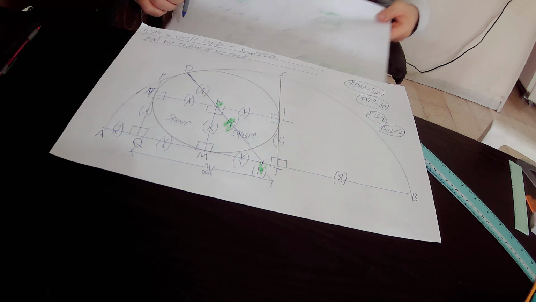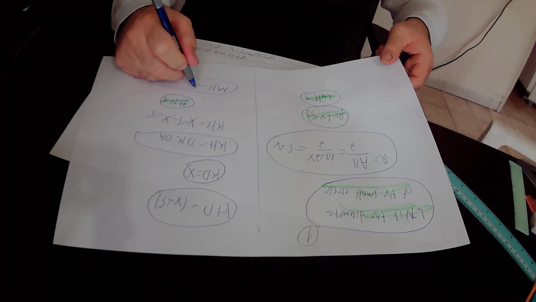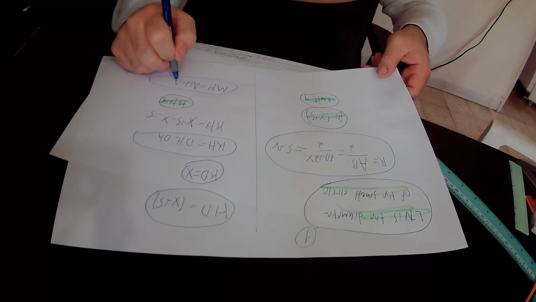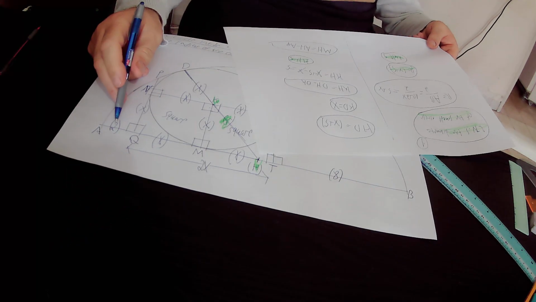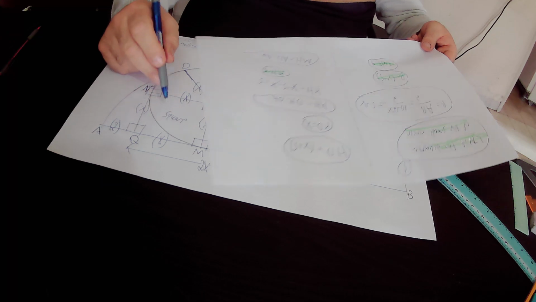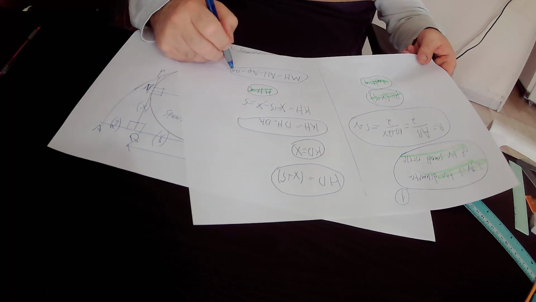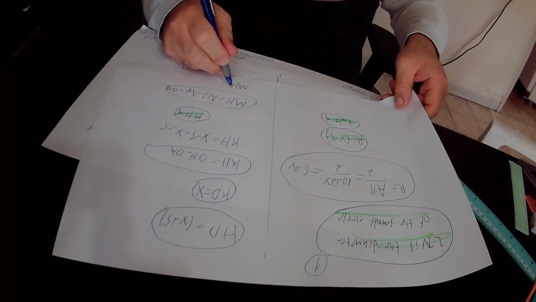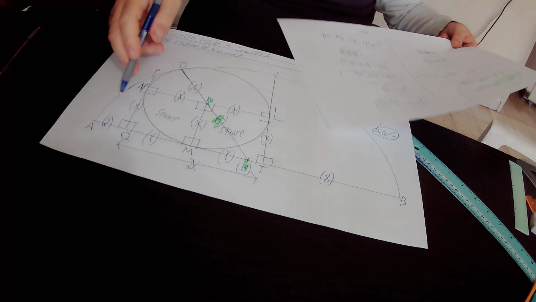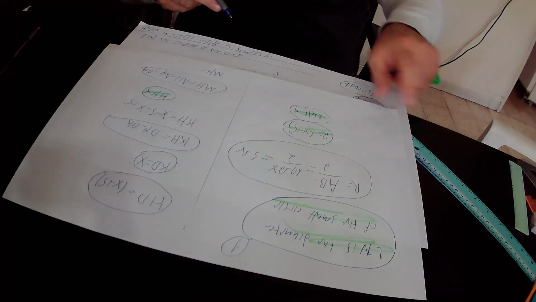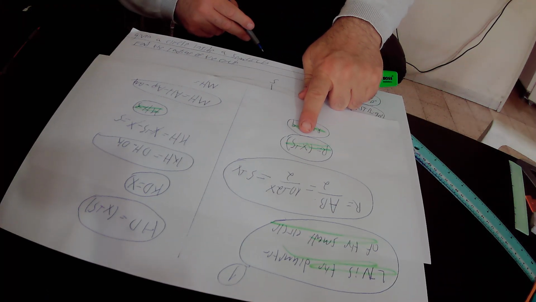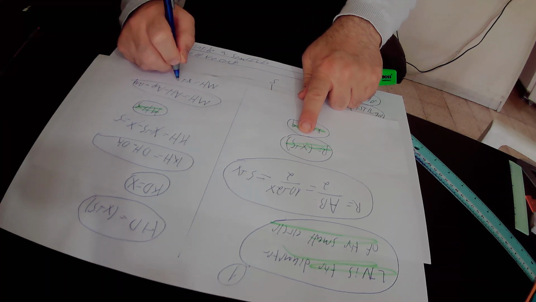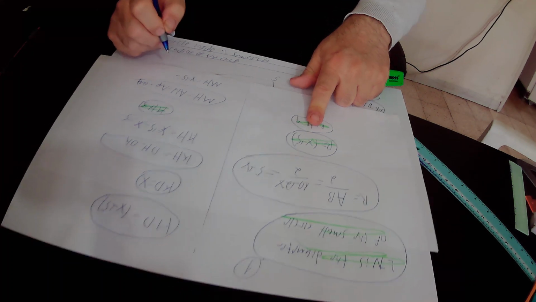So the missing side MH equals AH, that is capital R, which equals x plus 5, minus AQ, minus QM, where QM equals x.